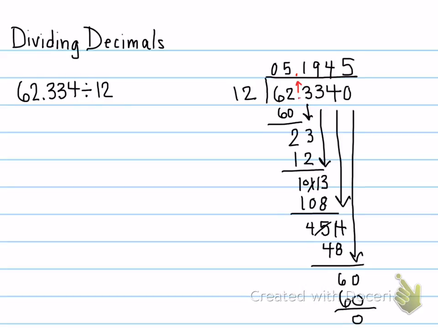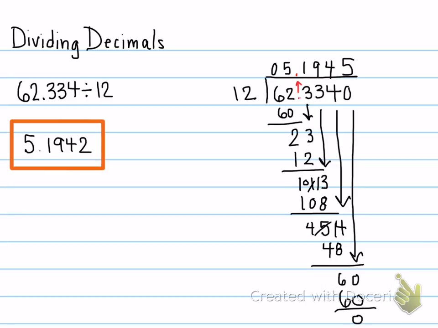So again, we're going to continue all problems until they either terminate or form a pattern, which makes it repeating. So 62 and 334 thousandths divided by 12 is 5 and 1,942 ten thousandths. That is the answer.